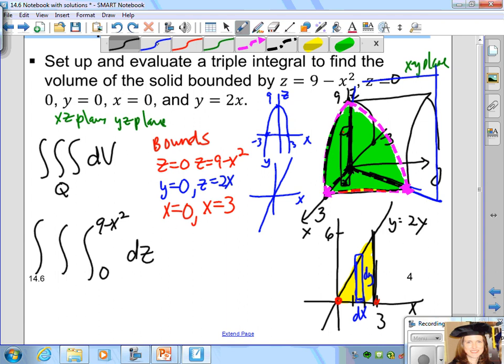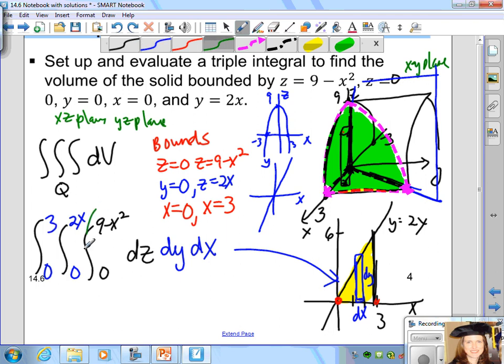And then we have our dy and dx, and we can find our dy and dx bounds by looking at that base region when we project that solid onto the xy plane. So our bounds for y would go from 0 to 2x, and our bounds for x would go from 0 to 3. Now we have a triple iterated integral that would give you the volume of that region.